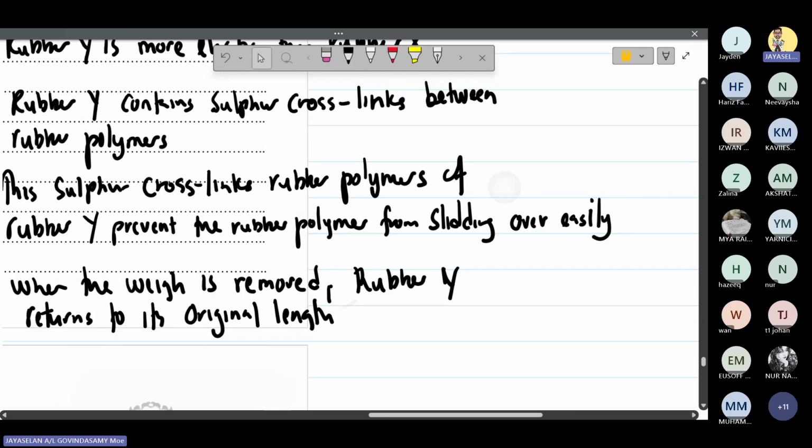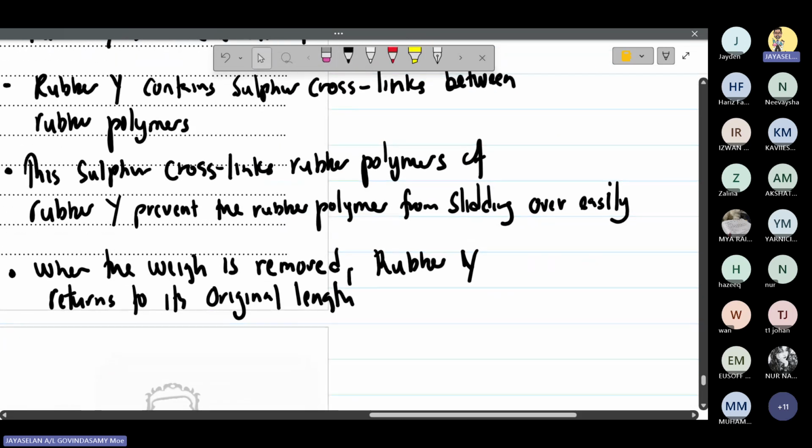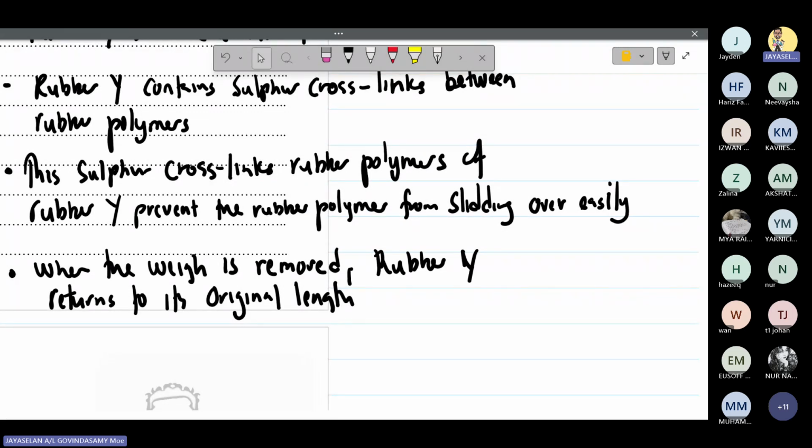So dia mencegah lah. Prevent the rubber polymers from sliding over easily. When the weight is removed, the rubber Y returns to its original length. So ini jawapan dia.